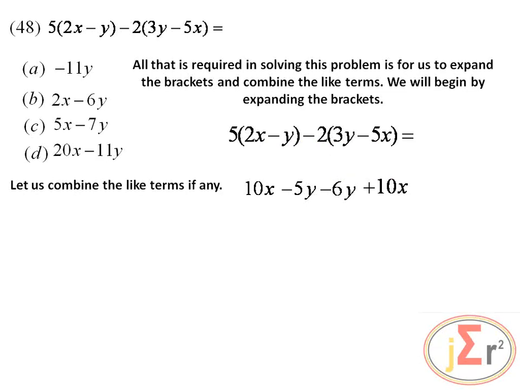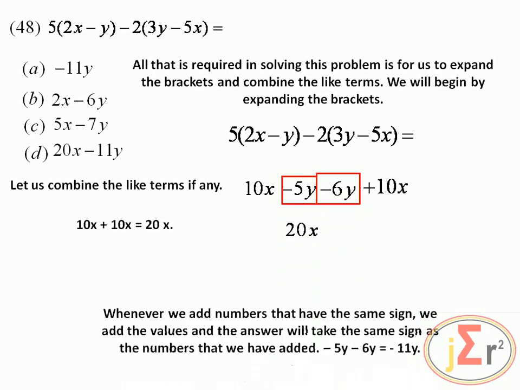Let us combine the like terms, if any. Of course, we can identify like terms right there. So 10x plus 10x will be equal to 20x. That goes there. Then negative 5y minus 6y.